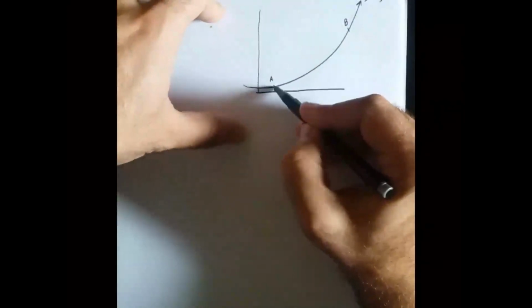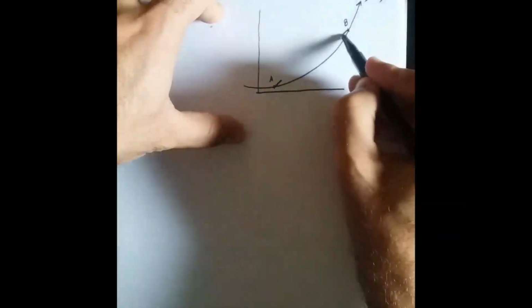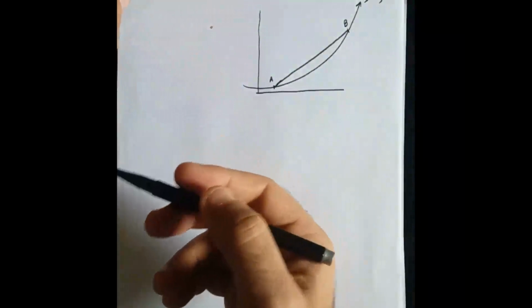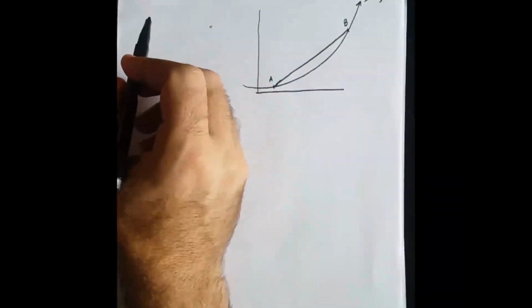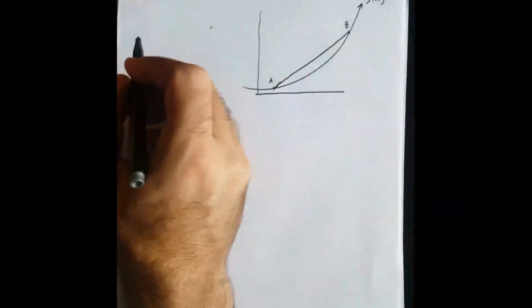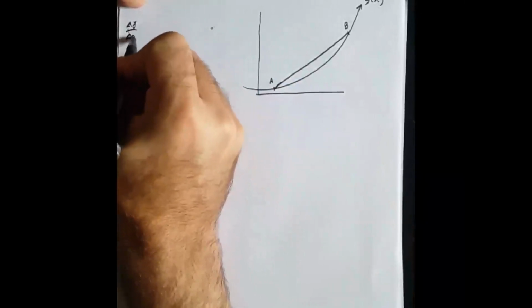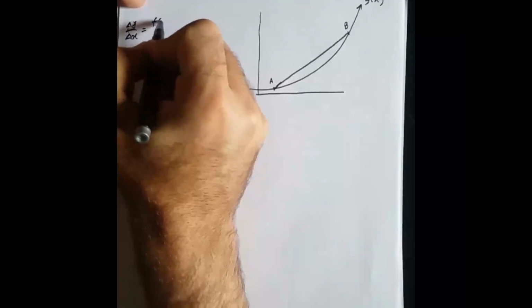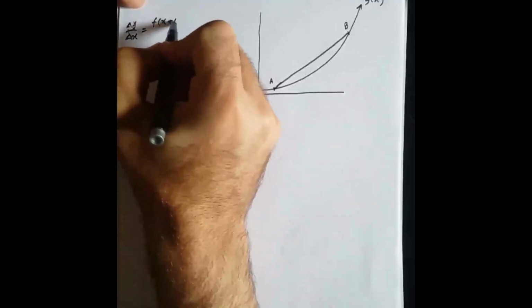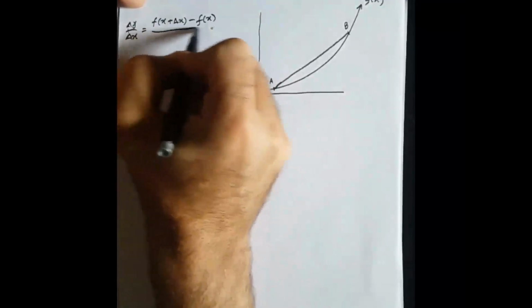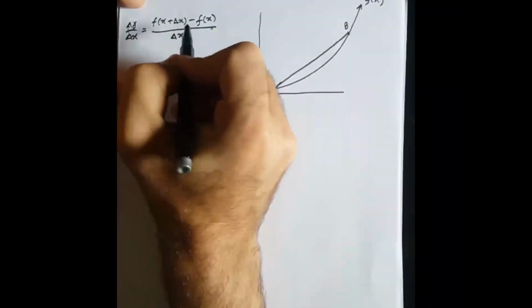Now AB is the secant line, and according to the definition the slope of AB is delta y over delta x, which is f of x plus delta x minus f of x divided by delta x. That is the slope of the secant line.